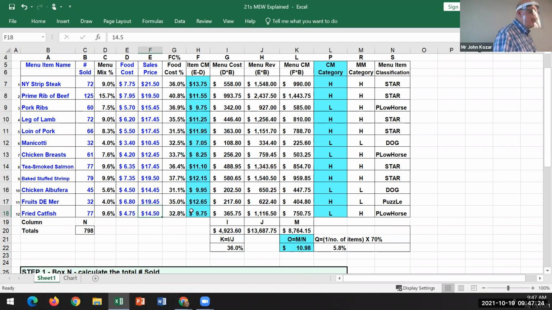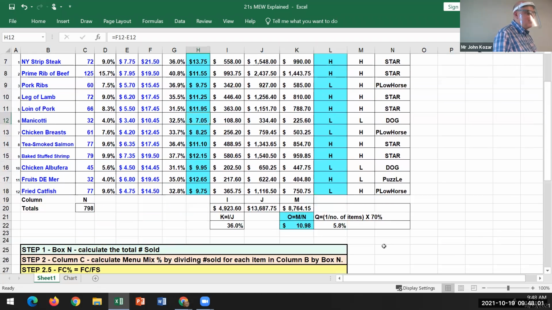If this number is greater than or equal to this number, we're going to put an H in for high. And if it's less than, we're going to put an L. So we have our column of H's and L's in here. And see, 975 is lower, 995 is lower, 825, 705. Those are all lower than the 1098.